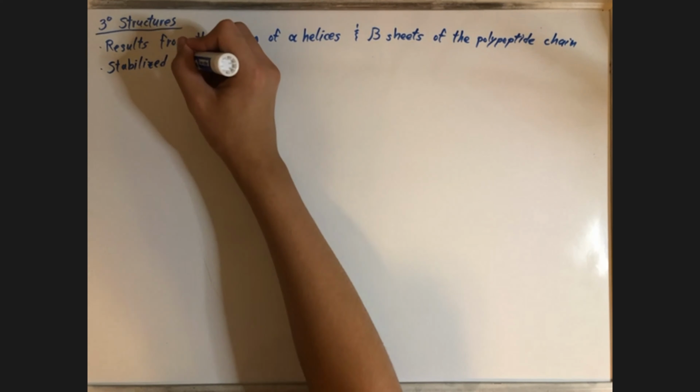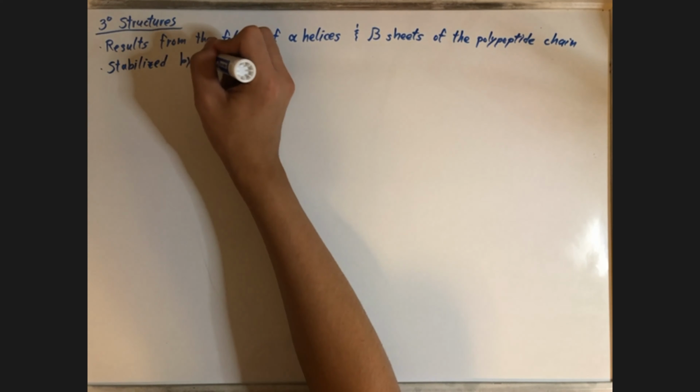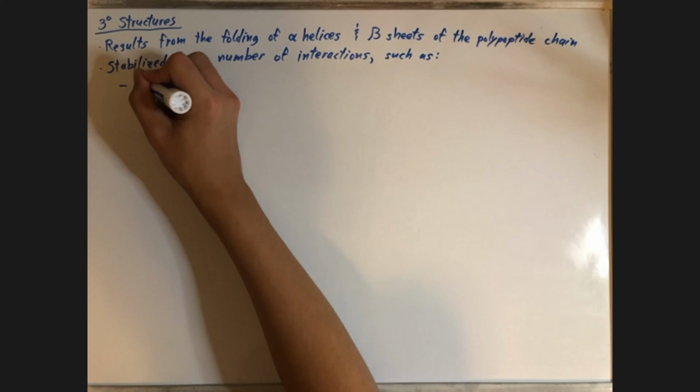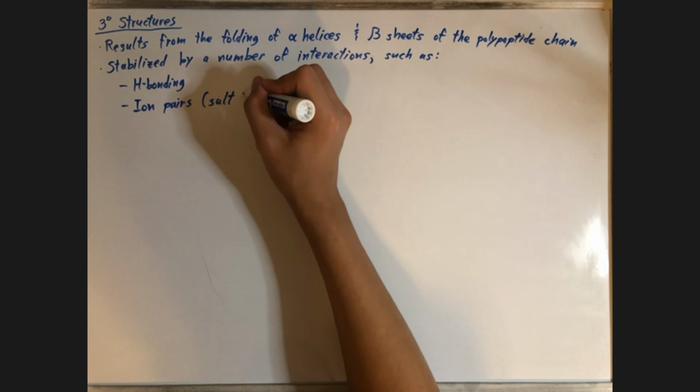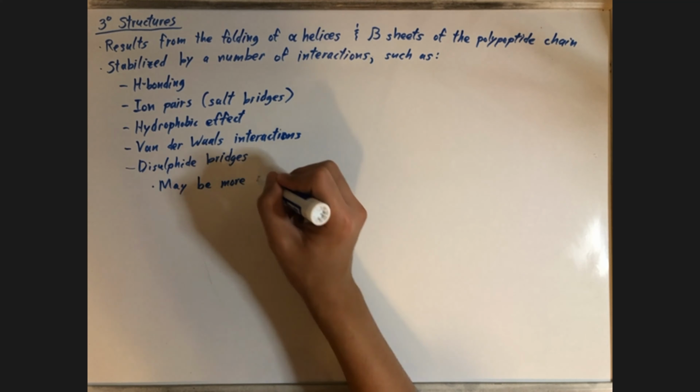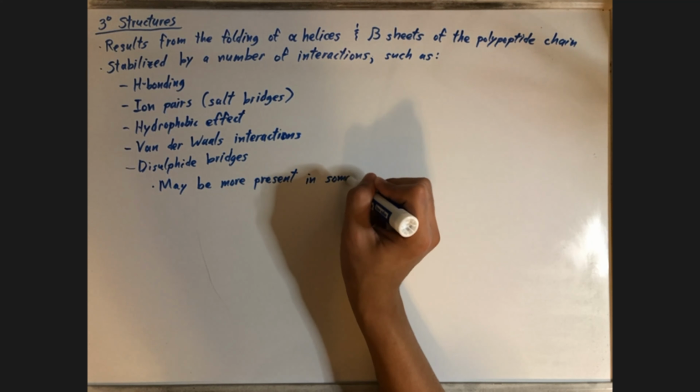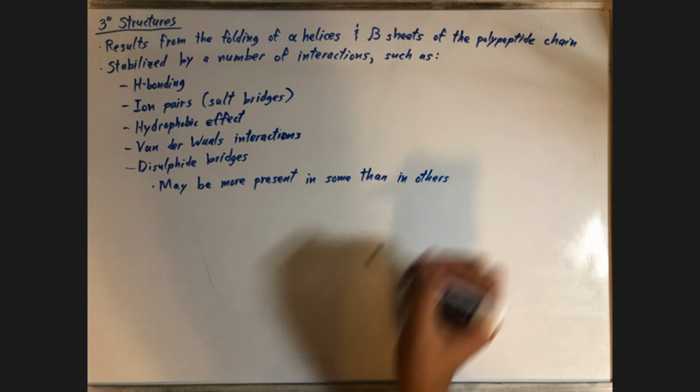These structures are stabilized by a number of interactions, such as hydrogen bonding, ion pairs, or salt bridges, the hydrophobic effect, van der Waals interactions, and disulfide bridges. And these ones may be present in some tertiary structures more than others.